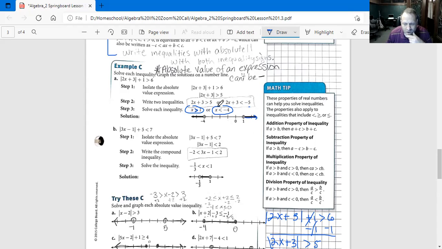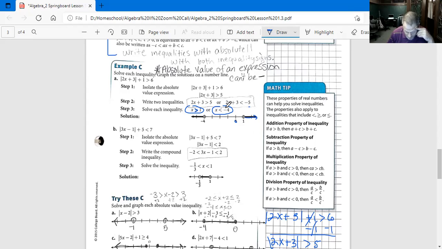Let's look at this one. So x is less than -4. Pretend that x is your 0 here, okay? And it's less than, so we're going this way.